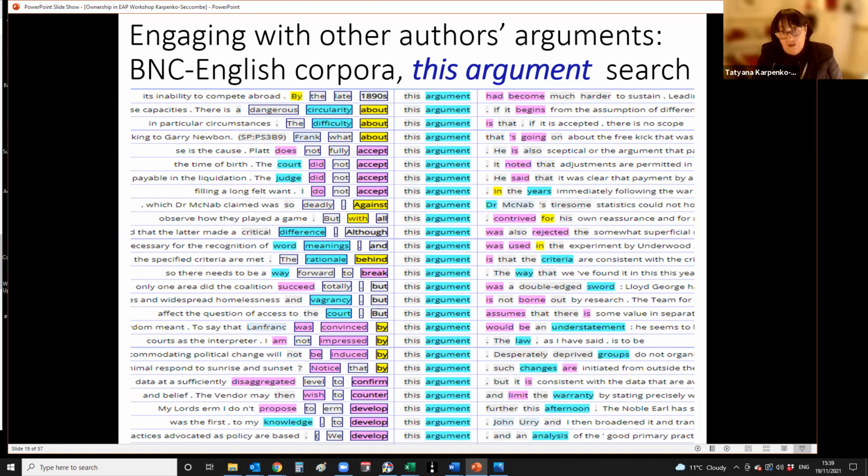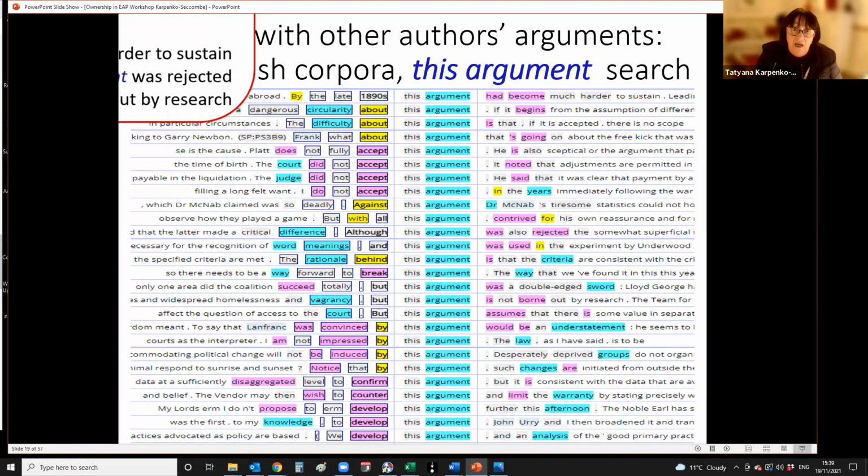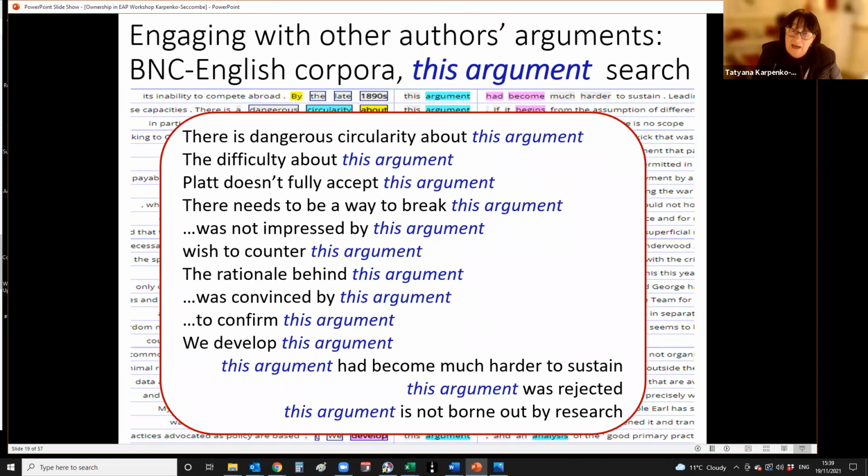Because this random selection of this argument, looking on the left, provides really the way authors critically work with other people's arguments: dangerous and secularity about the argument, difficulty, not fully accepting, breaking, not impressed by the argument, counter the argument. So students get here not just the strategies of looking at other people's arguments, but also linguistic material, how to express it, how to verbalize it.